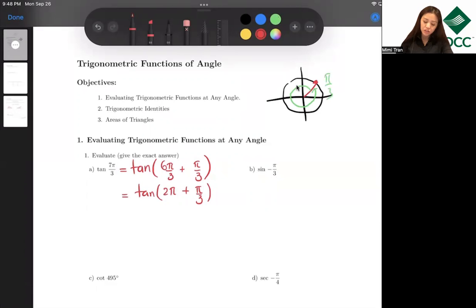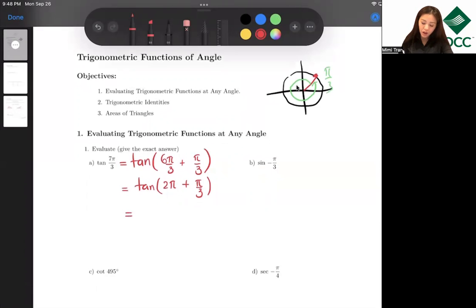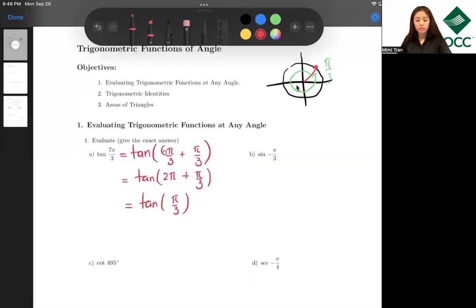So the 2 pi plus pi over 3 is the same thing as tangent of pi over 3. Well, if you look up on the unit circle, tangent of pi over 3 is square root of 3. It's in the first quadrant, so it should be positive.